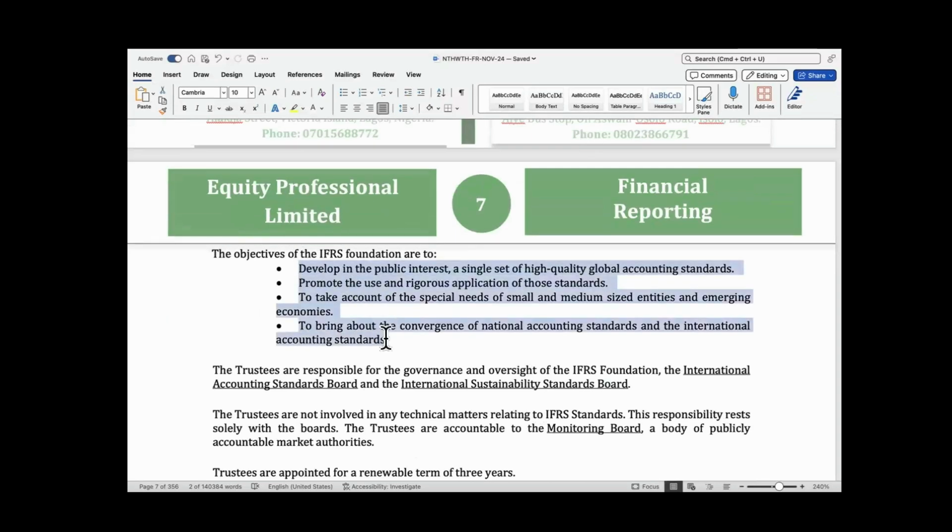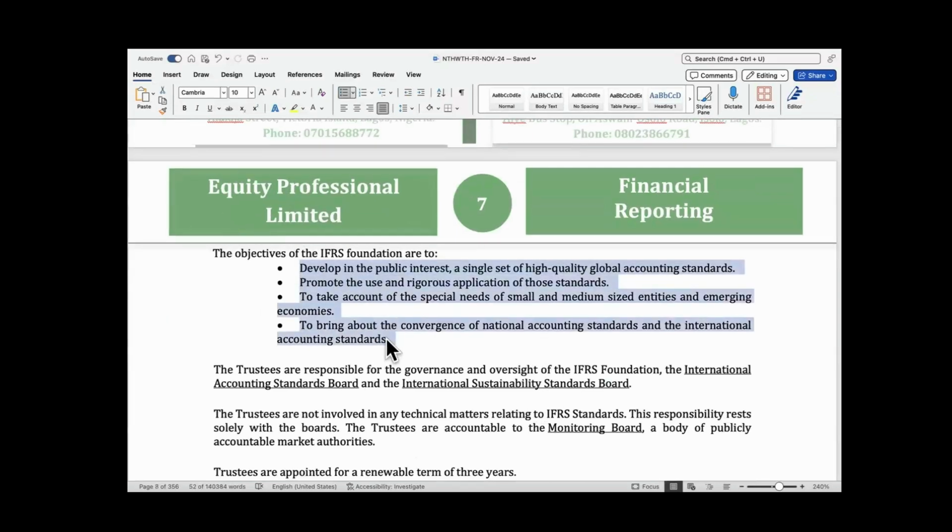Remember these 4 objectives. Okay, so I've mentioned the monitoring board, who are capital market authorities, and to ensure that this structure has public accountability and a formal link between the market and this structure.